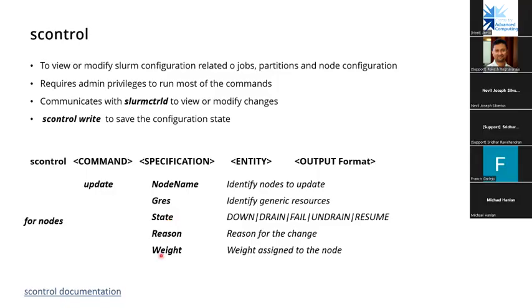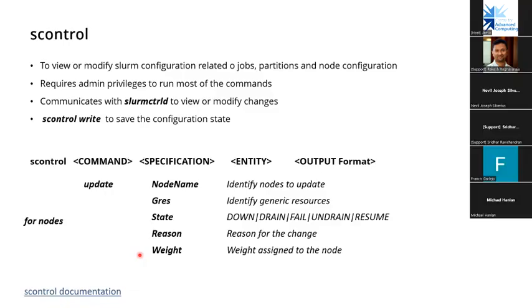And also, when SLURM is assigning the priority on which node to run, there is a particular specification in the config files called weight, which SLURM makes use of to decide on which node in a particular partition a particular job should start first.